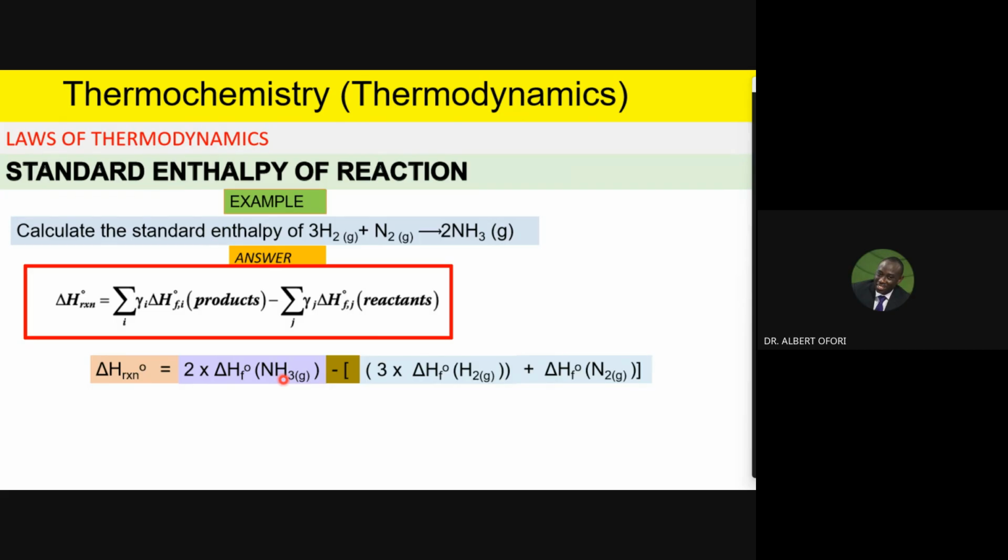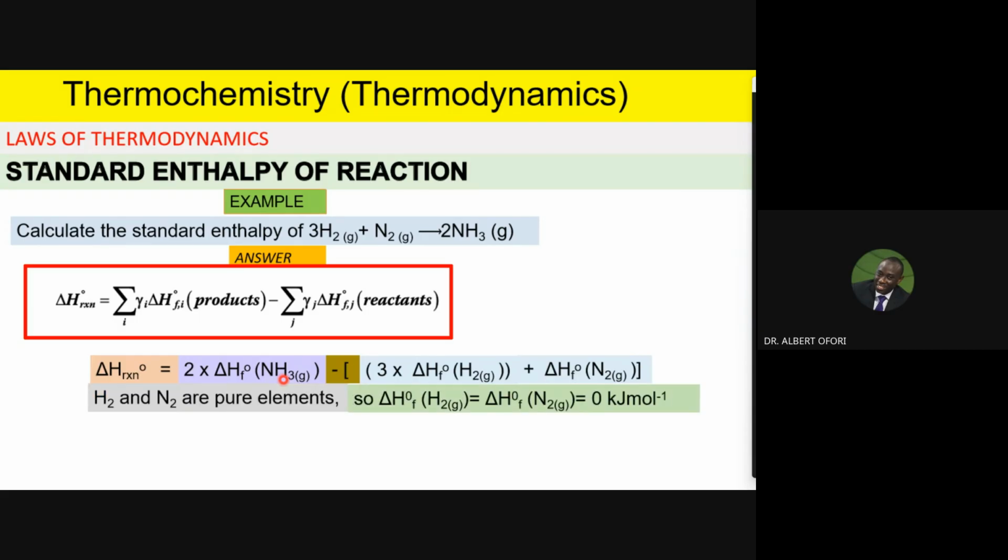The moles for the hydrogen is 3. So you multiply by the standard, because the standard was for 1 mole. So if 1 mole gave you a value, then how about 3 moles? Now, these standard formations are constant. I will show you the table there, so we have to provide them. Okay, so we just know that.